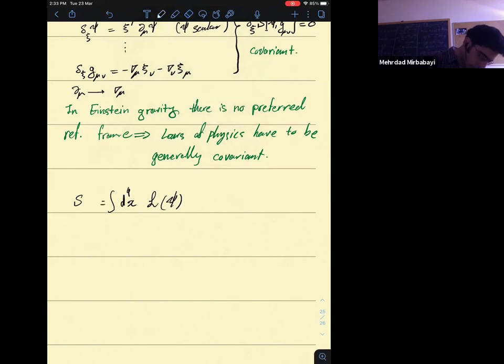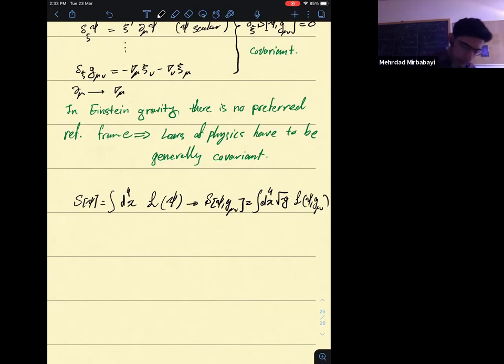This was an action for a field psi, and this action goes to S of psi and G mu nu, which is written as the integral d4x square root of minus G times some Lagrangian that depends on psi and G mu nu.